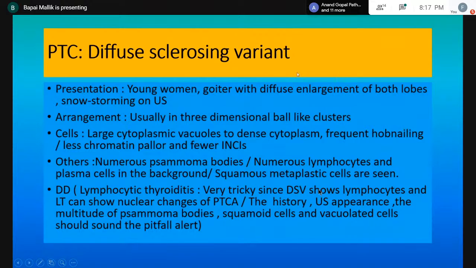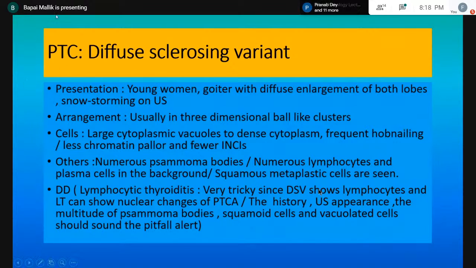But then she would have had an ultrasound showing a snowstorm effect because of the extensive microcalcification, and so the radiologist is going to tell you, based on these features, I'm not very sure, we might be dealing with this. Again, it occurs in young women.